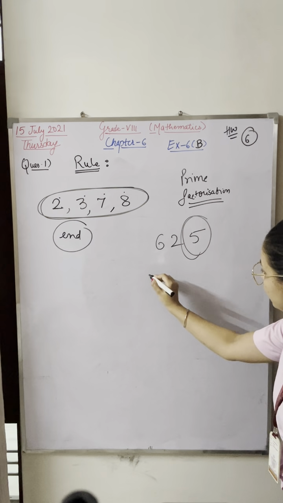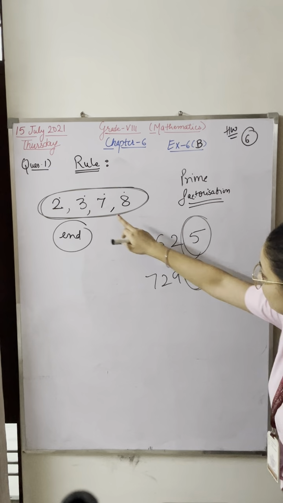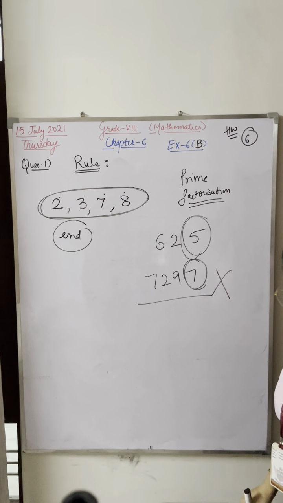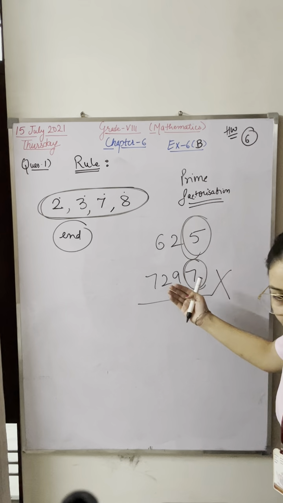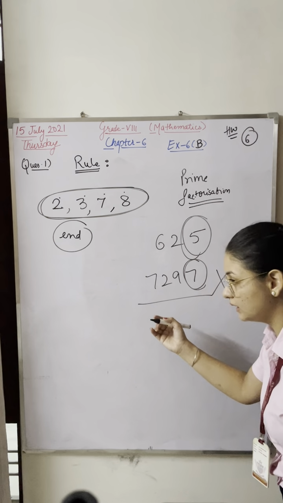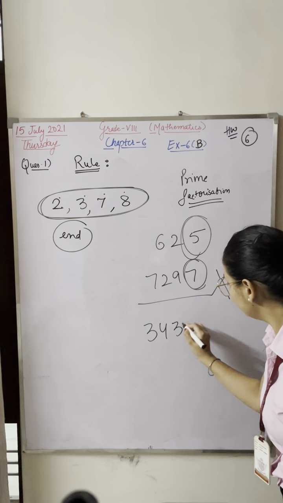Suppose I have written here 7297. Last digit is 7, so this number will not be a perfect square. Without finding the prime factorization, you can write the immediate answer. Suppose I'm giving you the example 3434.